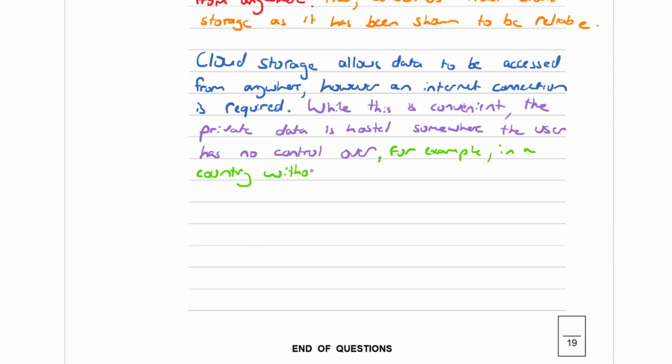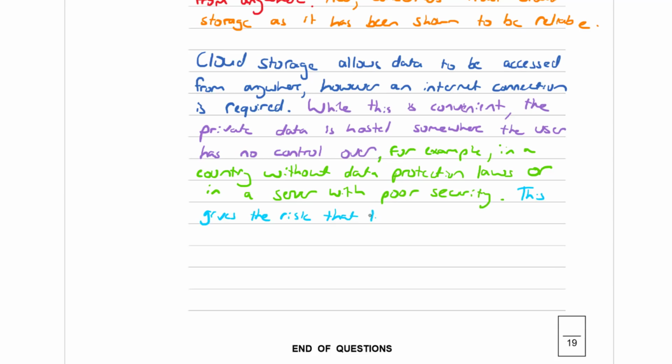So in some countries, perhaps if you upload data to the cloud server, you couldn't then ask them to remove it, whereas in the UK they'd have to remove it if you asked them to. So you are protected in more countries than others. You have no control over where the server is actually physically located, or in a server with poor security. This gives a risk that the data will be made public, which is obviously unethical.